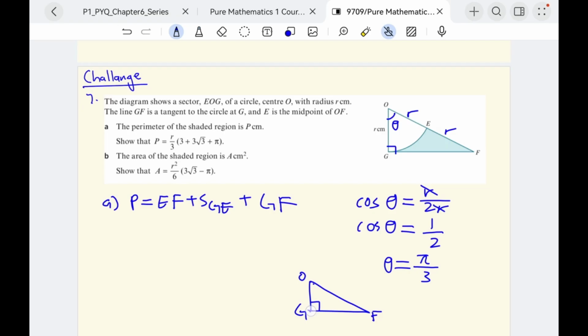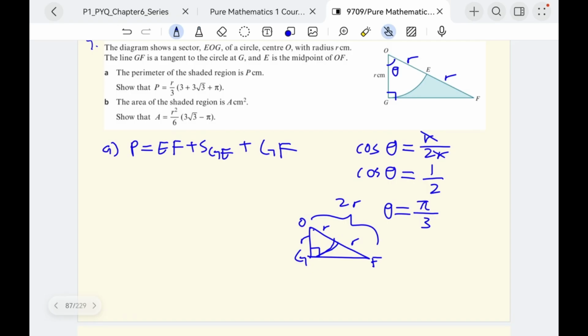Here is the arc of the sector, here is r, and here is another r, which sum up to 2r for OF, and I am looking for GF. So GF equals the square root of (2r) squared minus r squared.